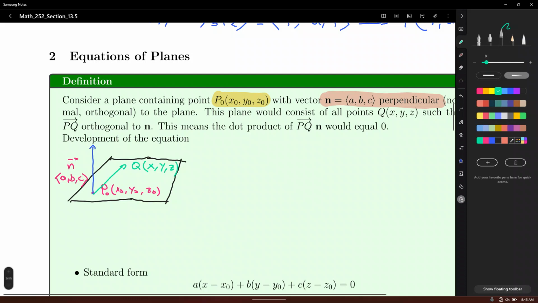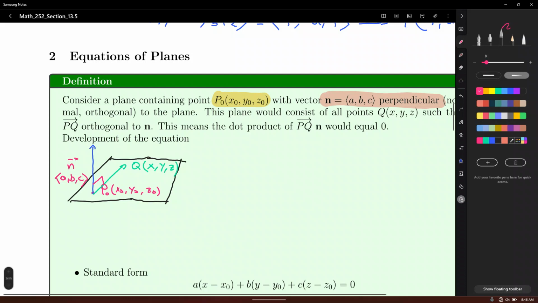Of course, there's a perspective issue here, but hopefully you can see that this green vector on the plane forms a 90-degree angle with the vector in blue that directs the plane. Do you agree with that? Otherwise, let me show you with the planes right here.